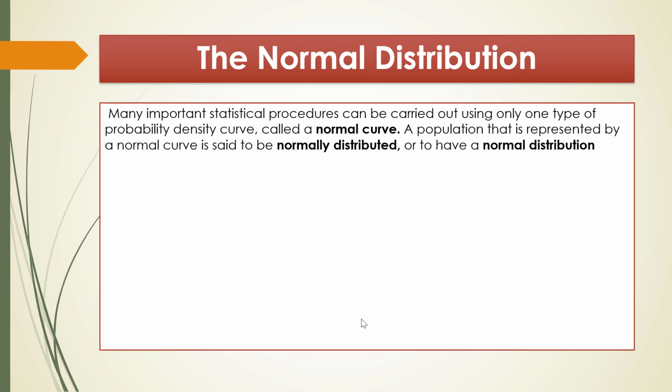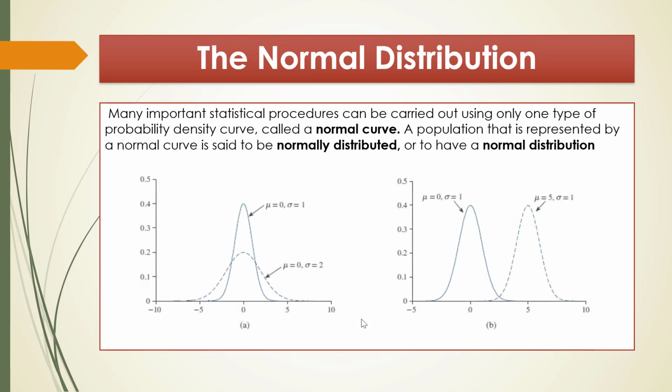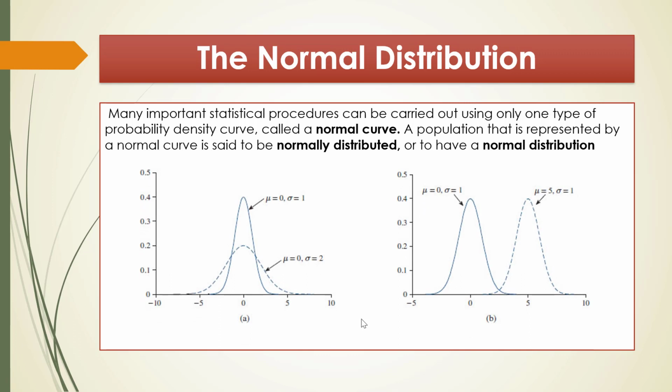A population that is represented by a normal curve is said to be normally distributed or to have a normal distribution. So now let's investigate the normal curve to see why it is important in practice. Here is a picture of some normal curves.